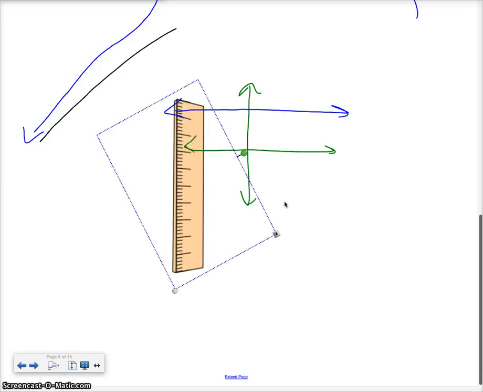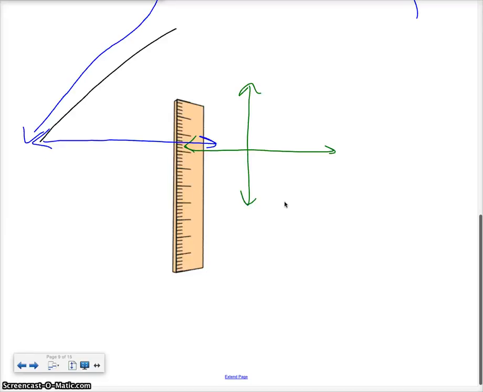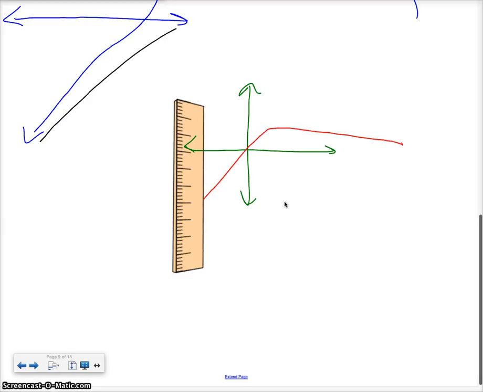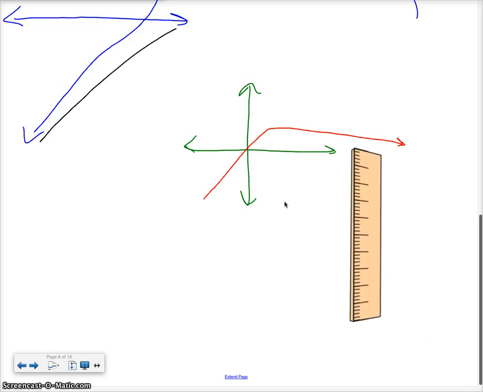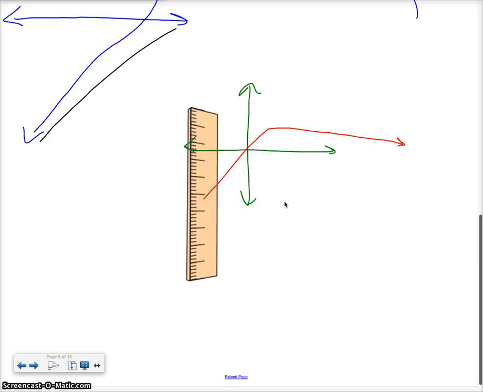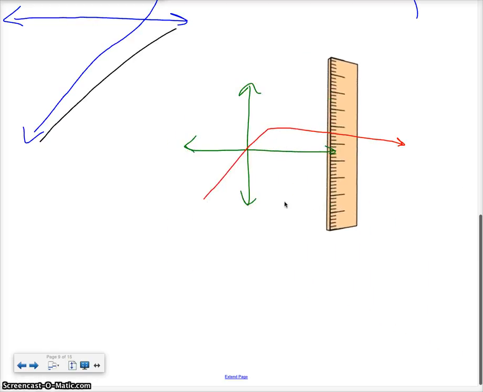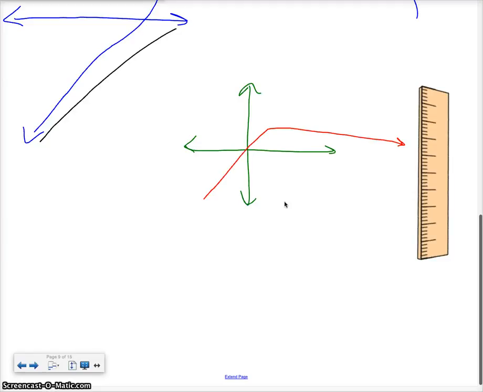Yep, it totally did only go through one. What about this one? That's supposed to be short. It sure is non-linear, but I wonder if it's a function. Yep, it's still a function, even though it's non-linear.